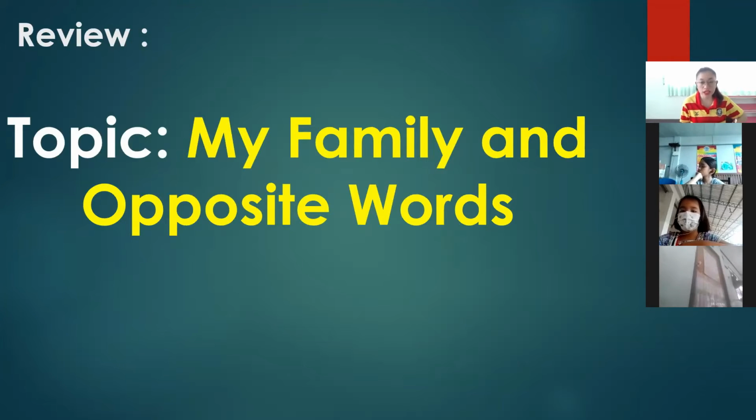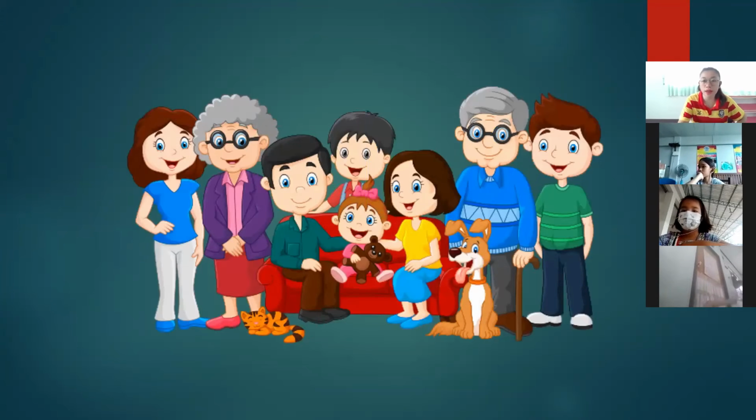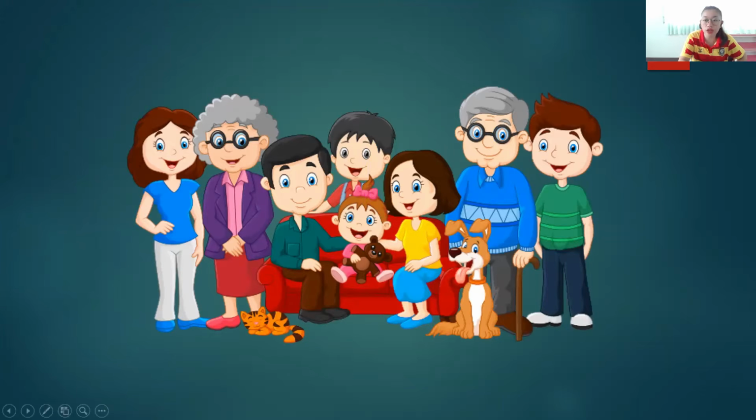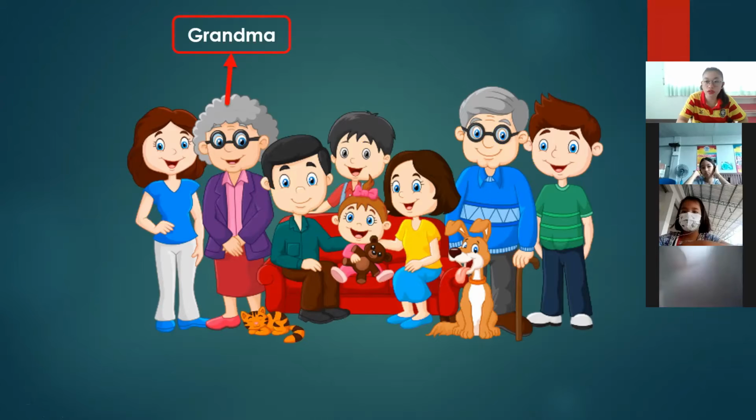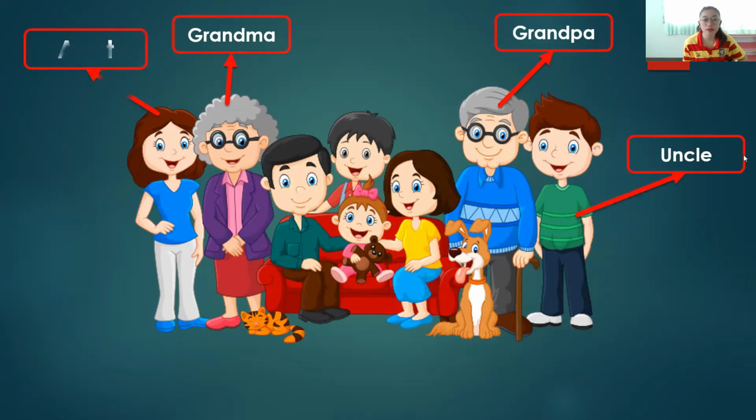Okay, so let's just have a review of the family. So who are the people in our family? First we have grandma or grandmother. Next we have grandpa or grandfather. Next we have uncle. Next we have aunt.